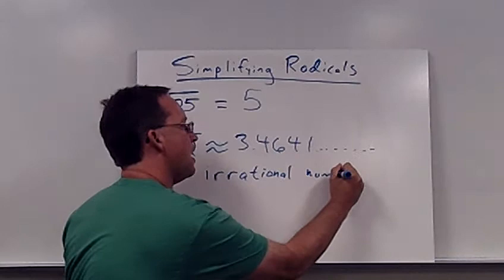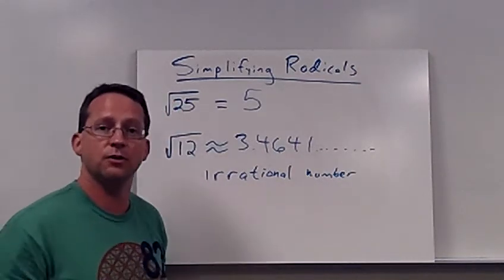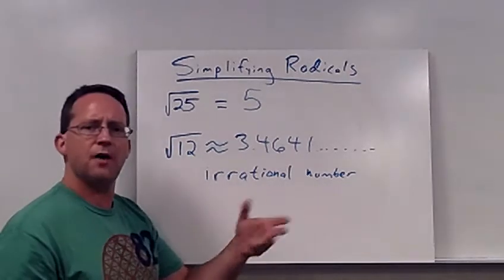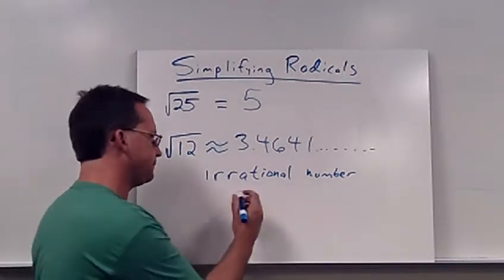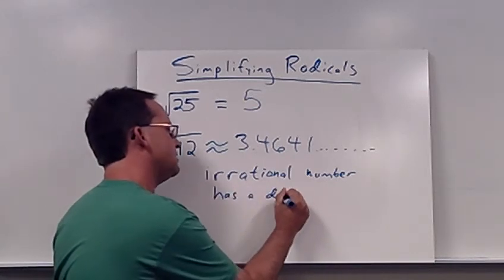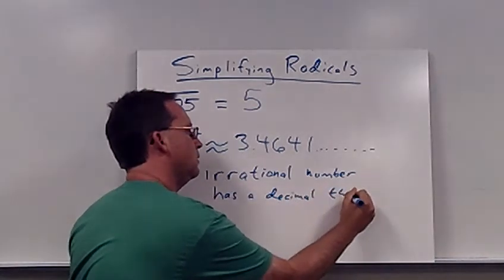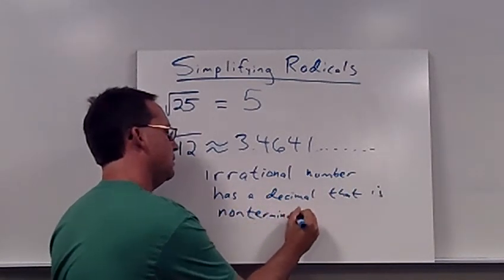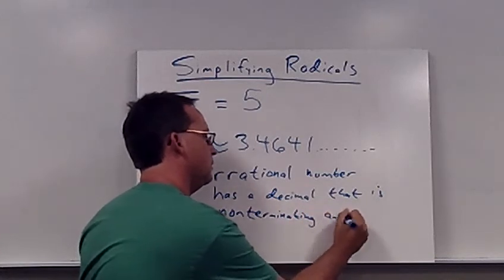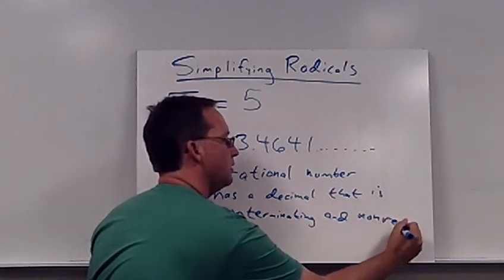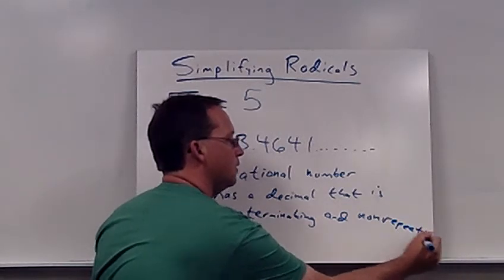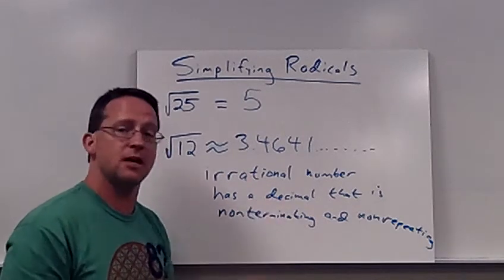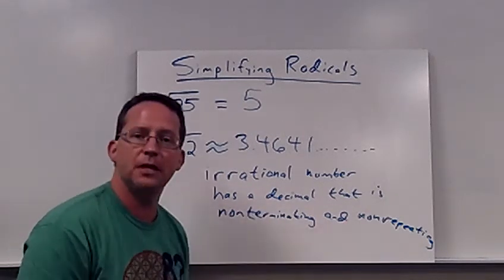If you look up irrational number in a glossary, an index, or a math dictionary, the definition will say an irrational number has a decimal that is non-terminating and non-repeating. In other words, that decimal doesn't stop and it doesn't have a repeating pattern.